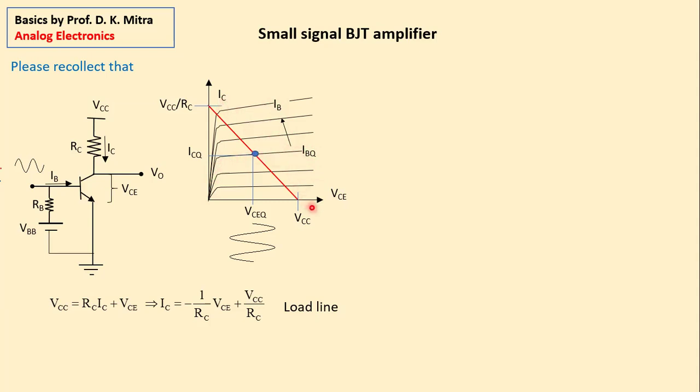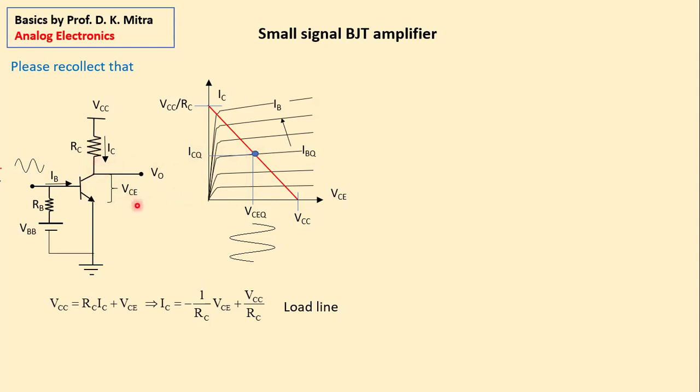So, of course, there are two conditions between IC and VCE. One is this characteristics line, and there is this load line. So, actual operating conditions must intersect each other, and this intersection point VCEQ is the bias VCEQ here, and this current ICQ is the bias current here.